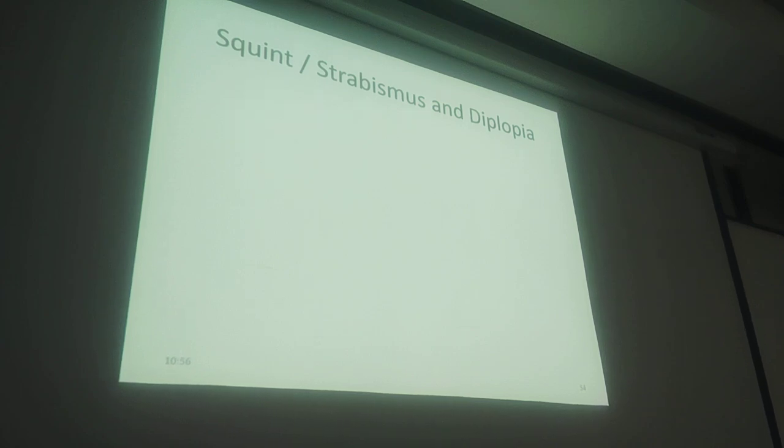You can get one eye looking straight ahead, the other eye instead of looking straight ahead looks outwards. You call it lateral squint, divergent squint. If one eye looks straight forward, the other eye looks medially. It's called convergent squint.